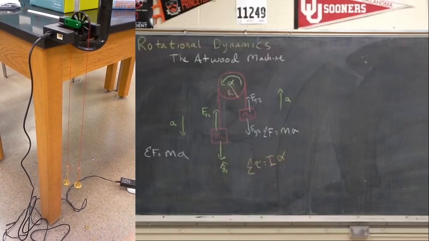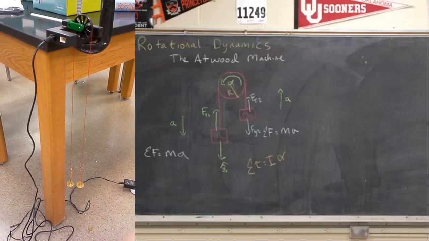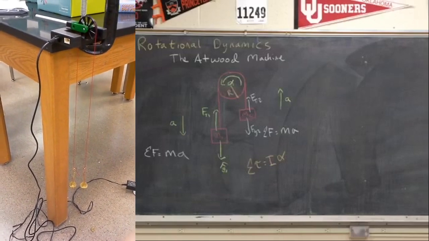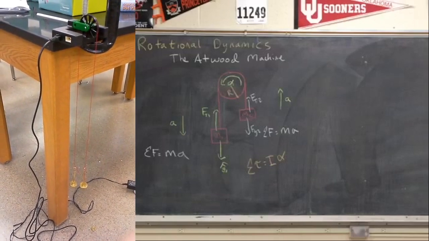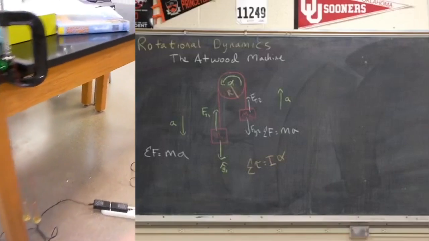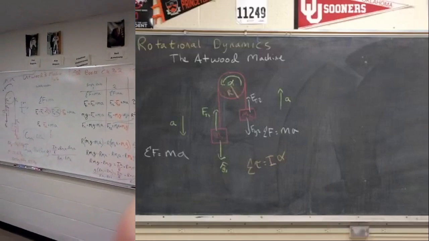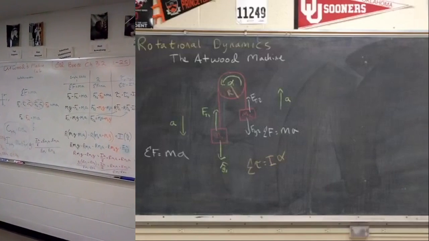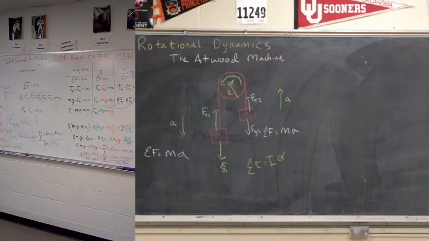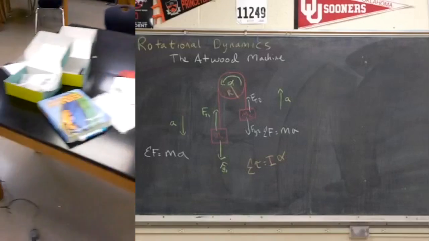If we can get the acceleration of the two masses, and we know what the two masses are, we should be able to take that acceleration, plug into free body diagrams and sum of force equations, and end up with a measurement of g, basically. So before I had students do this, I did a sum of force and sum of torque equation. And you'll see these on the next slide. So we can look at them in more detail then. But I just wanted to make sure you knew what experiment we were doing.